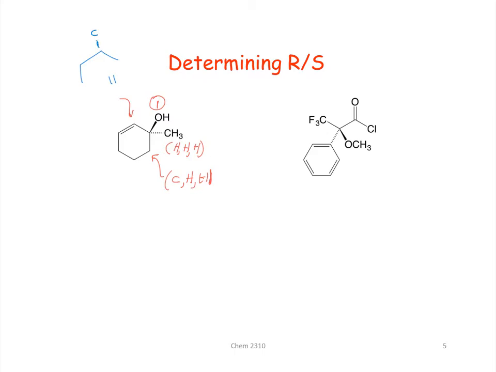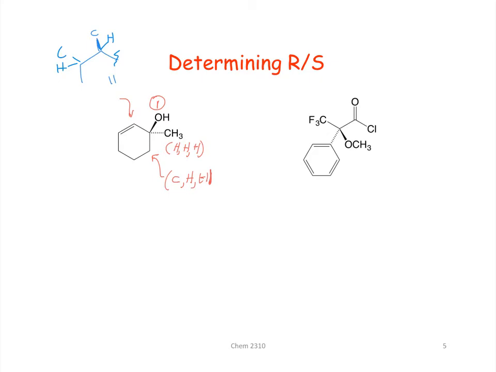So this has another carbon; we treat it like it's bonded to an extra carbon. Likewise, this carbon here has a double bond to that carbon, so we treat it as bonded to two carbons in this direction. So we put another carbon here. Of course this has an H, it already did on the double bond, and this has another H here. So that's how we're going to treat these.